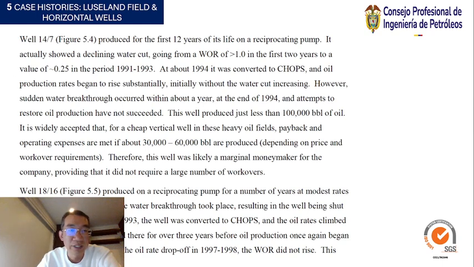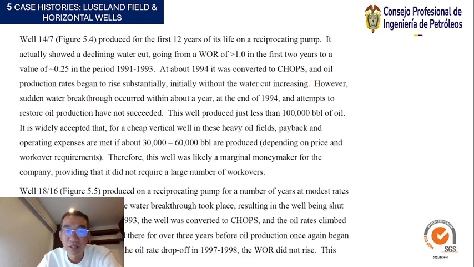It is widely accepted that for a cheap vertical well in this heavy oil field, payback and operating expense are met if about 30,000 to 60,000 barrels are produced, depending on price and workover requirements.